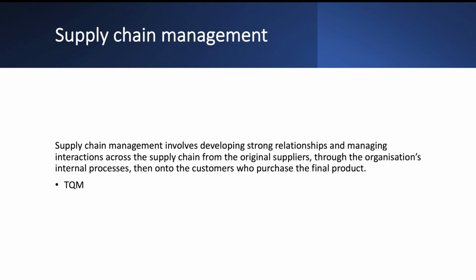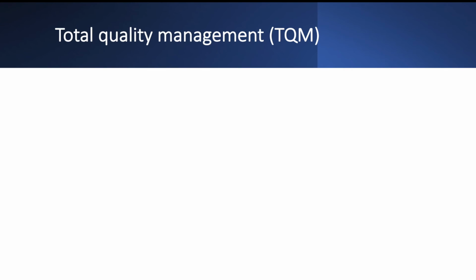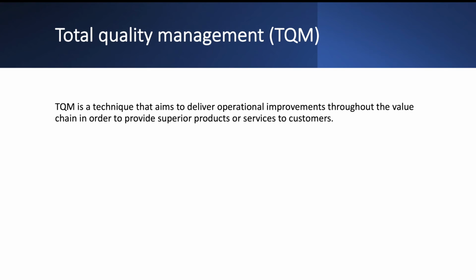How do we manage it? This can be managed by TQM, total quality management, or JIT. These are two methods. Now, we will be dealing with total quality management. TQM is a technique that aims to deliver operational improvement throughout the value chain in order to provide superior products and services to customers.